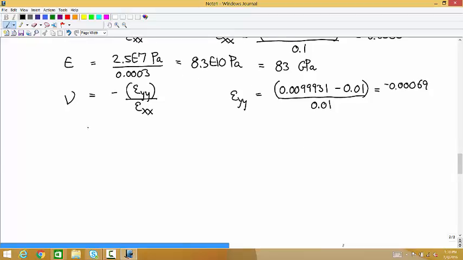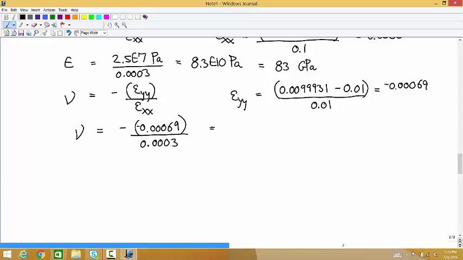And so Poisson's ratio is negative of that negative yy strain, so negative negative 0.00069 divided by the xx strain, which is positive 0.0003.